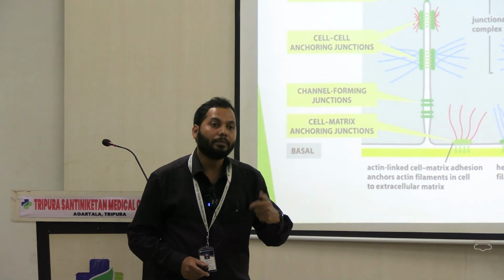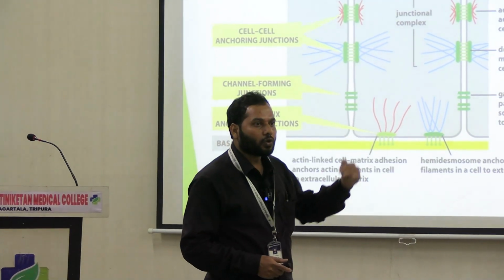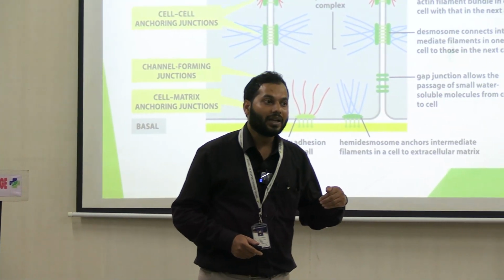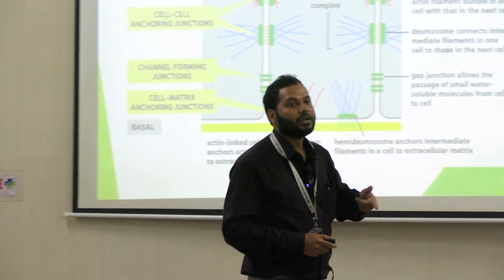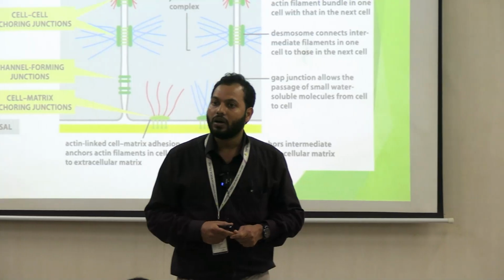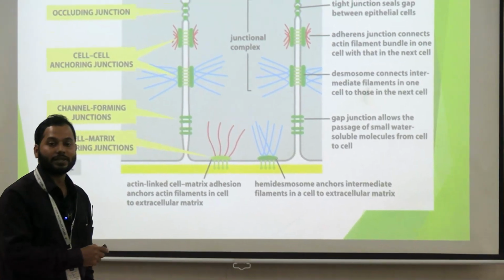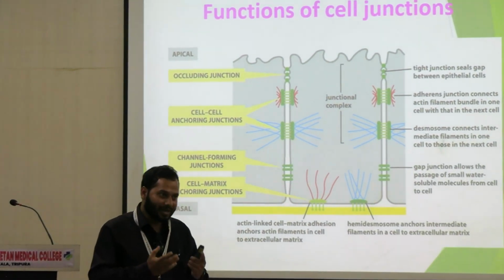Clear? But the presence of this tight junction forces the transport of important molecules through the transcellular transport process, not the paracellular. If it allowed molecules to cross from the apical area to the basolateral area by paracellular transport, it would not maintain the polarity of the cell. So here, the presence of these tight junctions actually helps to maintain the polarity of the cell. So what does it mean?